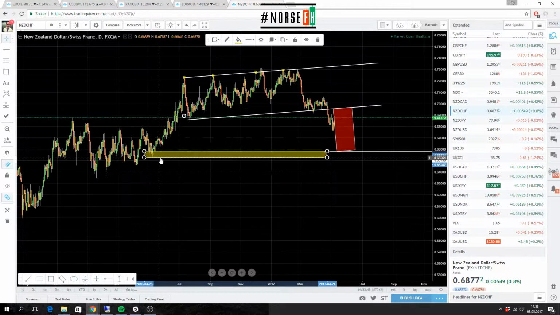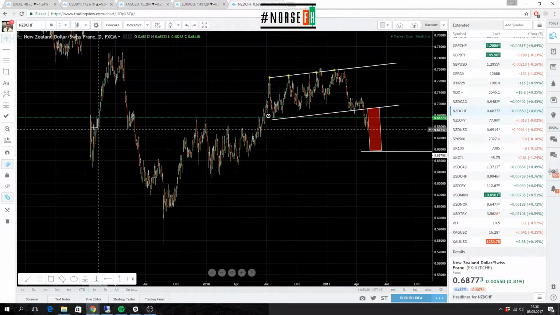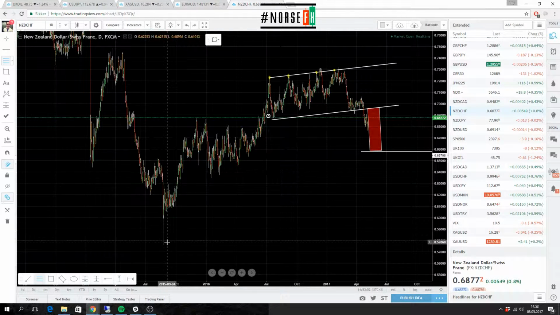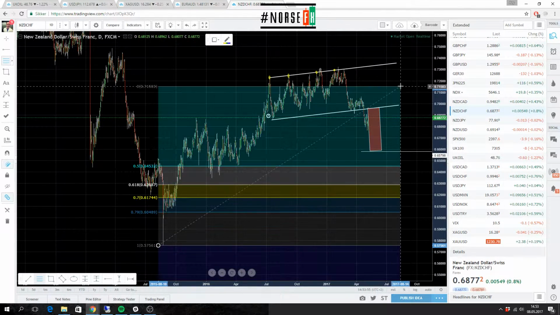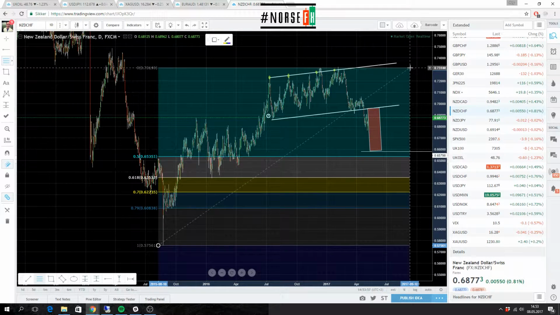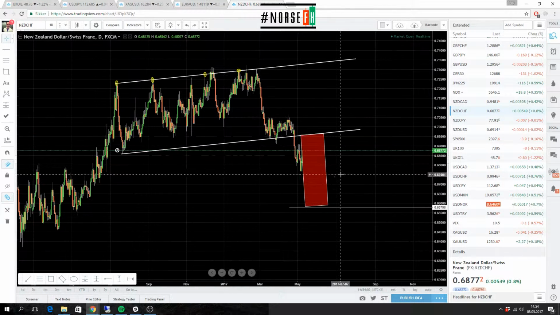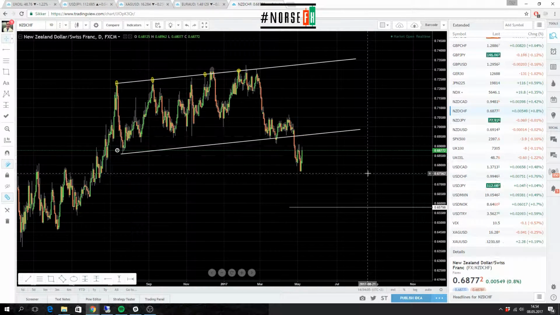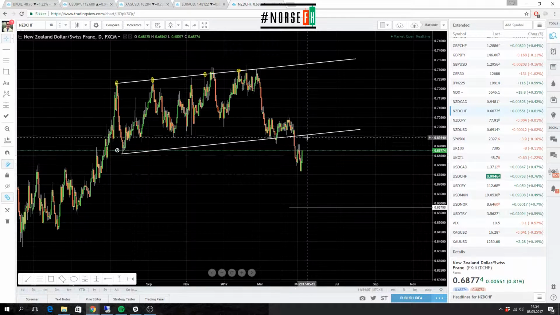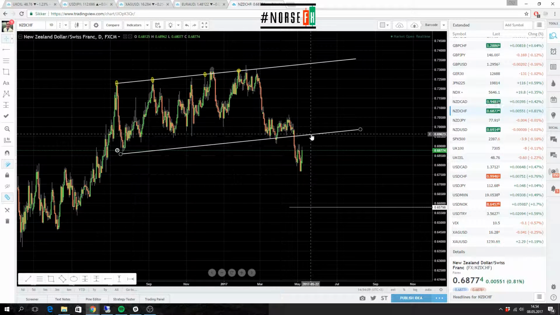And let's see if we can get some Fibonacci confluence as well. I think this is like a 38.2 or 50. Let's see. Almost a 50% retracement. So this target is very much a very achievable target for this pair. So if the retest holds, this is an extremely high probability trade just on its own.